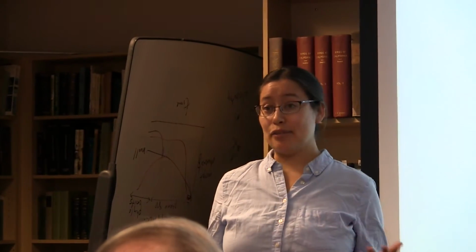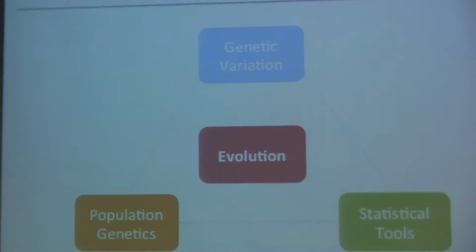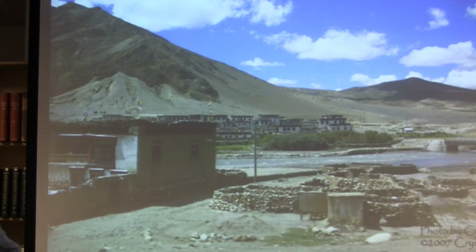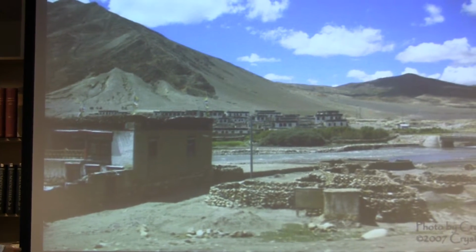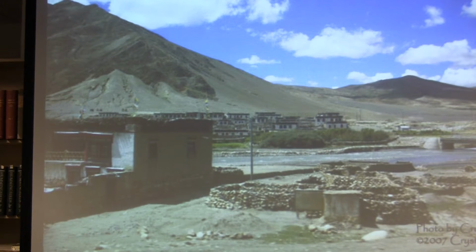But of course the data is never pretty, it's dirty, and so you always have to come up with clever and robust data processing techniques that accurately estimate genetic variation. And so today I'm going to tell you mostly about one of the projects that I've done a lot of work on, which is adaptation to high altitude.